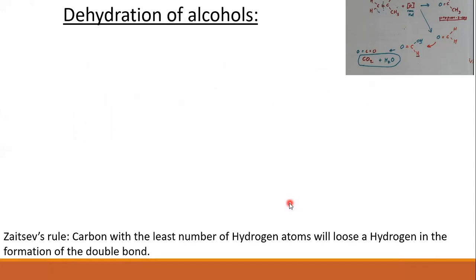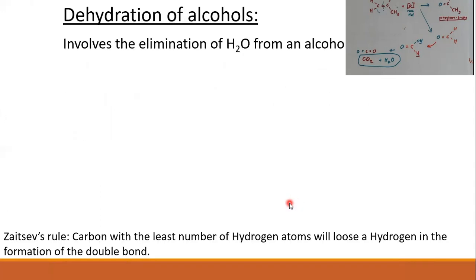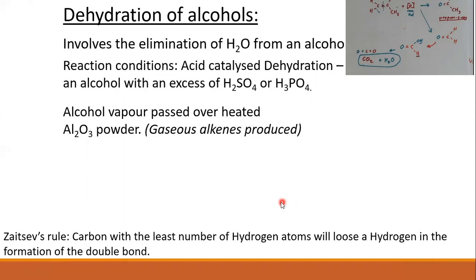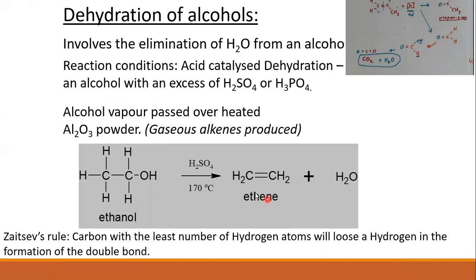Right? The last reaction that I would like to do with you is elimination. So this is the opposite of hydration, and we call it dehydration. This is important. Note temperature, 170 degrees, sulfuric acid. So this is when we have an acid catalyzed reaction.